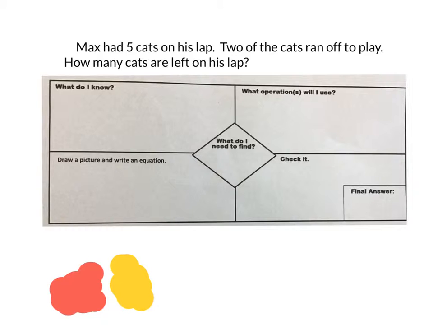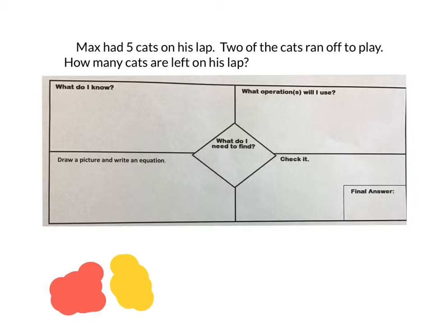I'm going to read the word problem and then work through our graphic organizer. The boxes in the graphic organizer say, what do I know? What operation or operations will I use? What do I need to find? We're going to draw a picture and write an equation, and we're going to check our work, and then we're going to write our final answer.